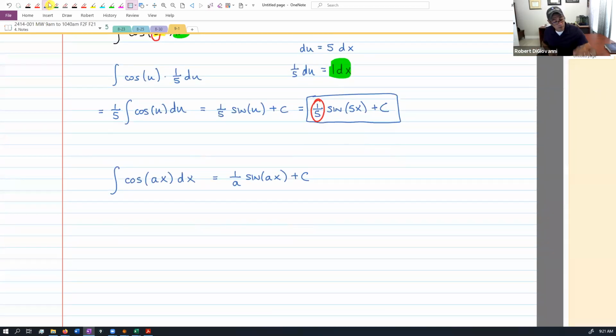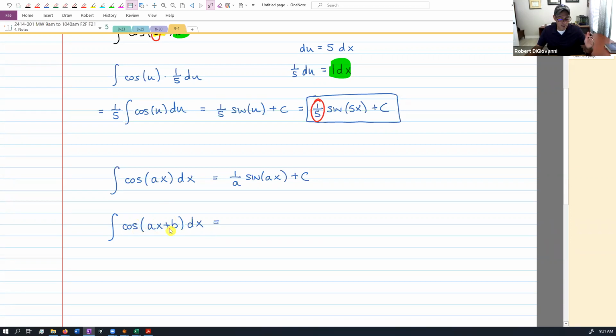And you can go even further. You can modify this a little bit further. You could do not only ax, you could do ax plus b dx. Because think about it, how does this change things? Well, the only issue we have is that when we take the derivative of whatever the antiderivative of this is, when we do the chain rule, the derivative of the inside, we still get a, don't we?